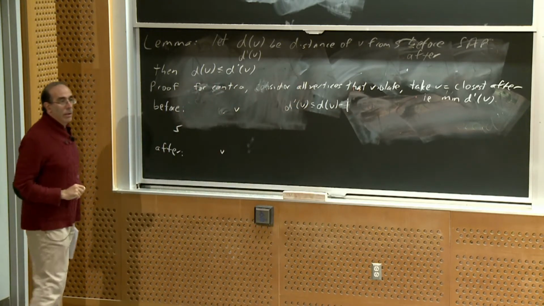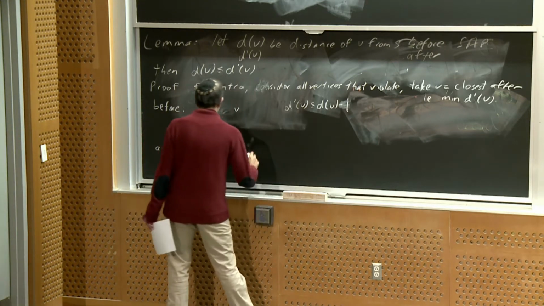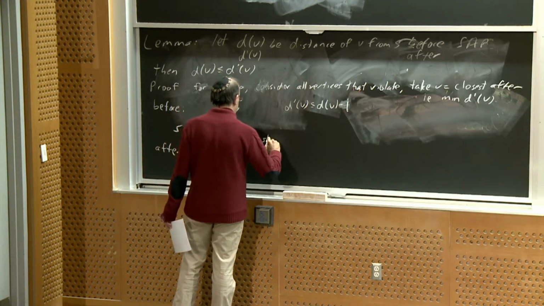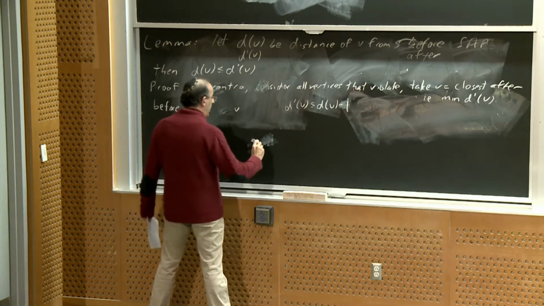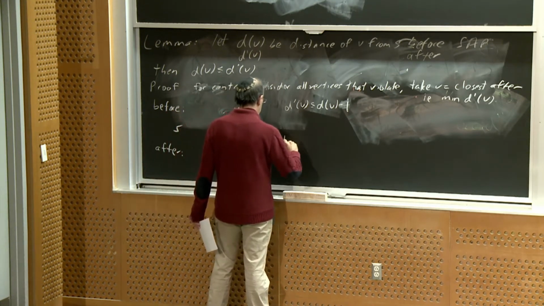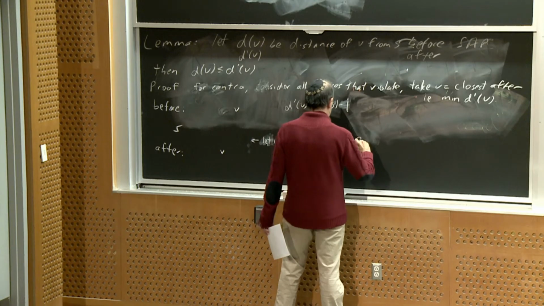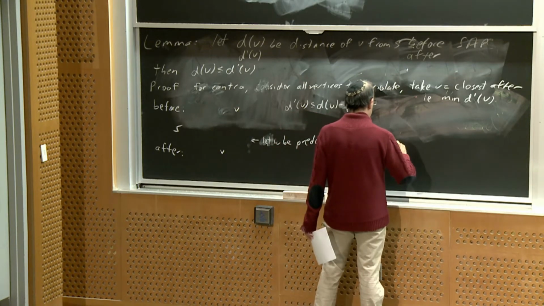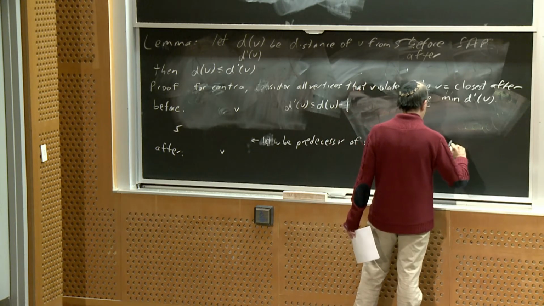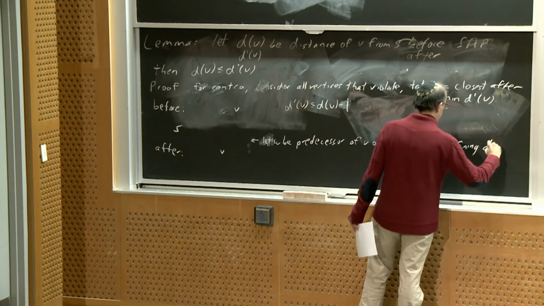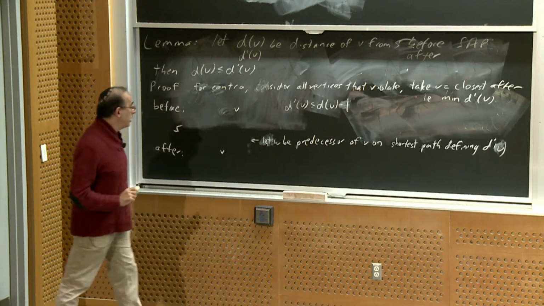Right? So now as we unpack this, let's consider in the after case the shortest path from S to V, and let W be the predecessor of V on the shortest path, defining d prime of V. Okay, so what do we know about W?